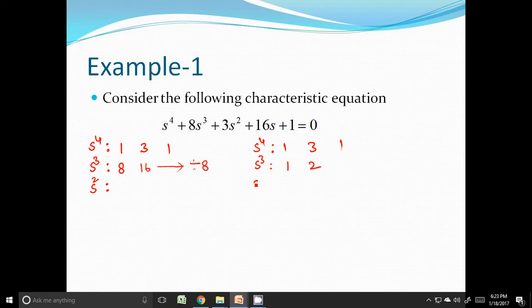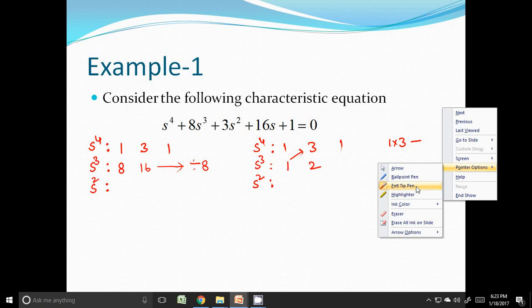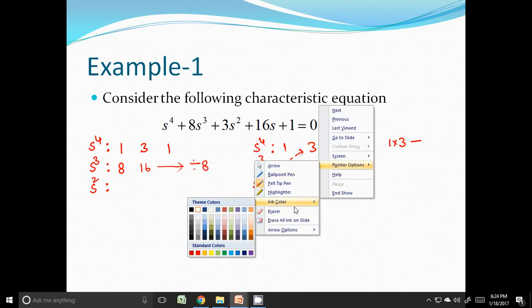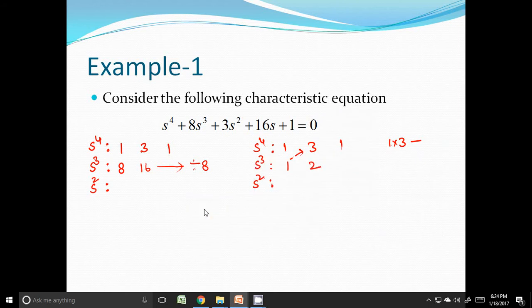Now I will compute the s power 2 row. Here, 1 into 3 minus 1 into 2, divided by the coefficient 1, so it comes as 1.